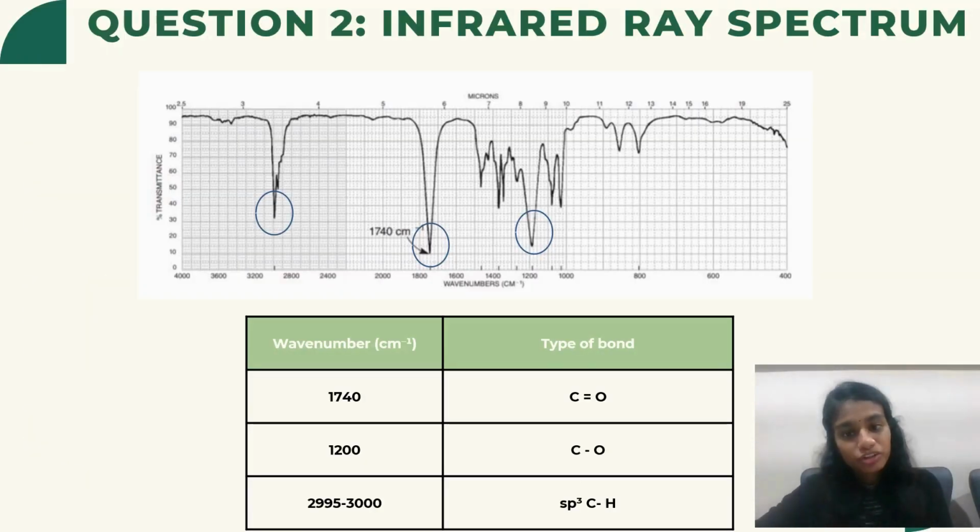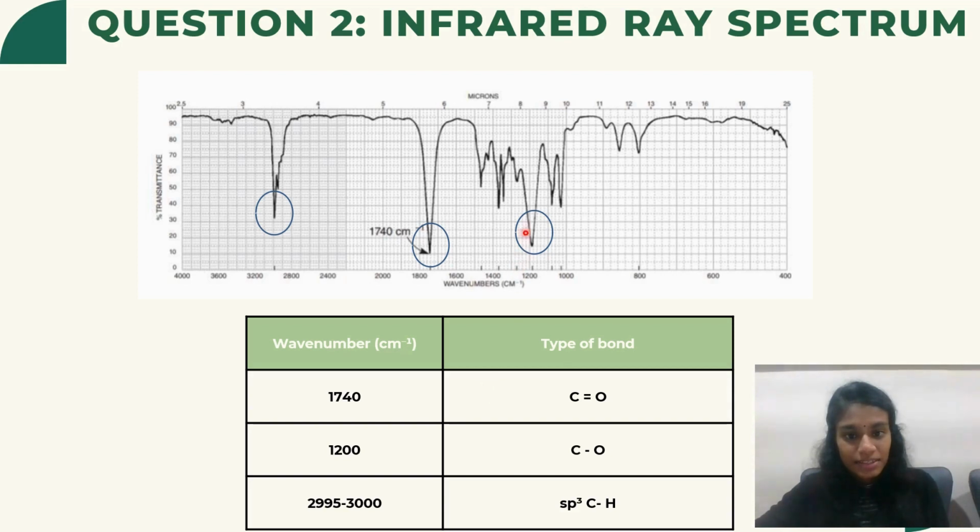So let's see the IR spectrum for question 2. From this spectrum, we can identify three wavelengths. Very first is 1740, which shows a strong and sharp peak that represents the bond of C double bond O, which indicates the carbonyl.